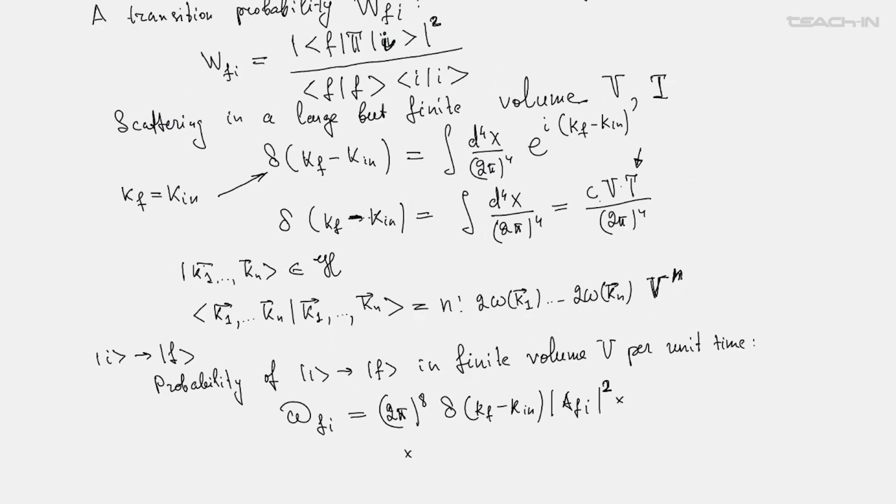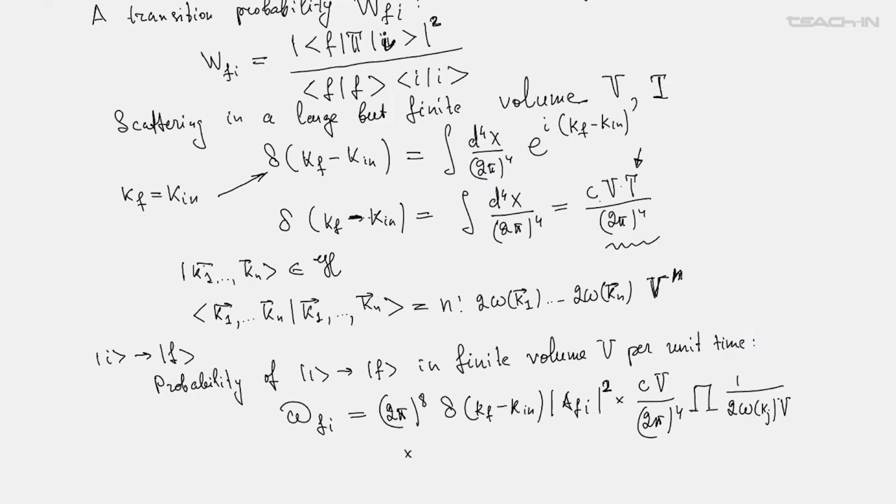That is this factor here where we took time away because we are considering the probability per unit time. So there is no T anymore there. And then there is a prefactor which comes from the normalization of our states in a finite volume, and this is 1 over 2 omega k_j multiplied by V. And then the product goes over all initial and final states.